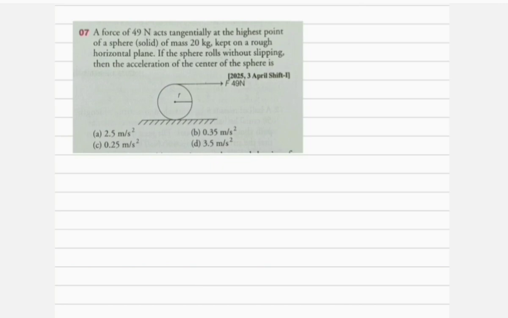Option A, 2.5 meter per second square. Option B, 0.35 meter per second square. Option C, 0.25 meter per second square. Option D, 3.5 meter per second square. This MCQ came in the 3rd April shift 1 2025 JEE Mains examination.